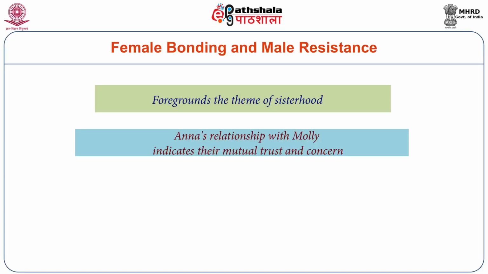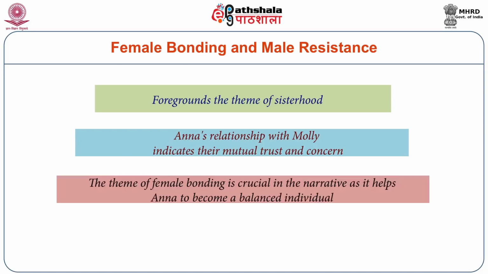Anna's relationship with Molly is truly indicative of the faith, the trust and concern that they have for each other. The theme of female bonding is so very central here for Anna to become a balanced individual, and this is one way in which she is able to recognize what self means and through that become Anna.